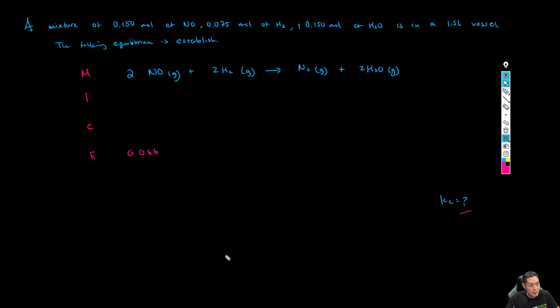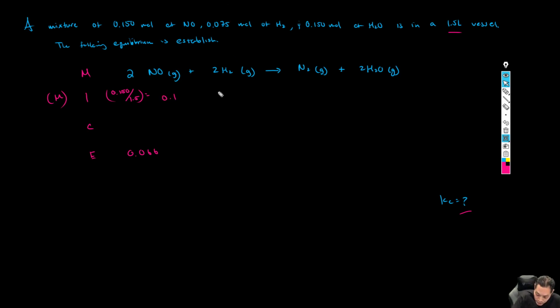Now the difference is, instead of an inventory in moles, we're going to do inventory in molarity. So that means moles over liters. For the first one, I'll do the work: 0.150 divided by 1.5. I should be able to do this in my head, that's 0.1.